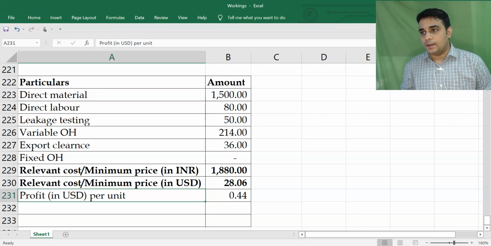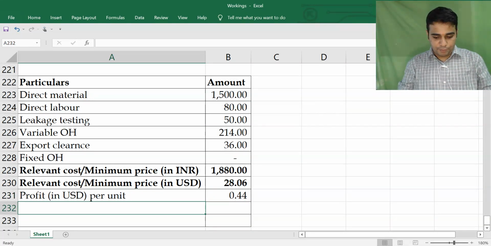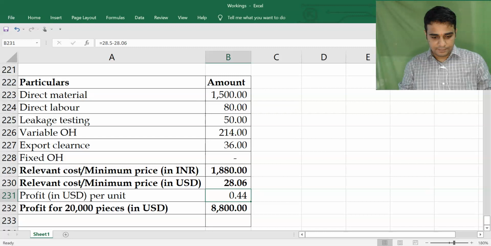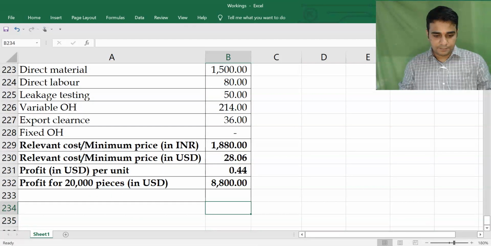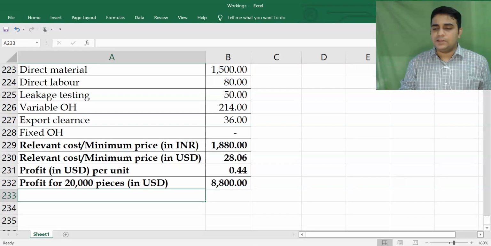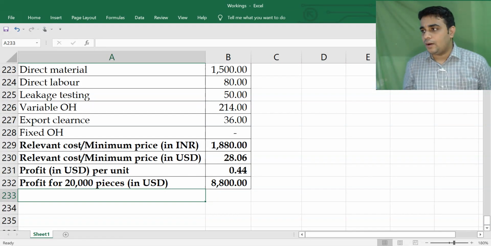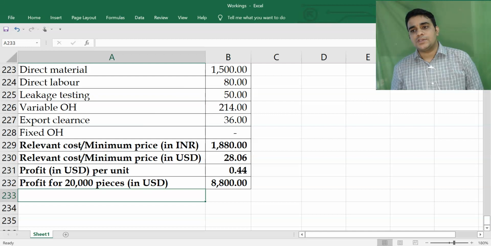Profit for I think 20,000 pieces is the contract, again in US dollar, 8,800. So I'll earn $8,800 from this contract.